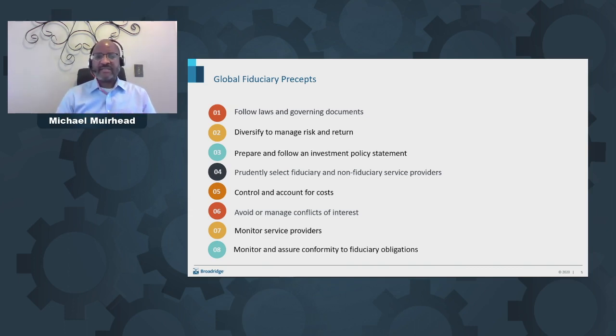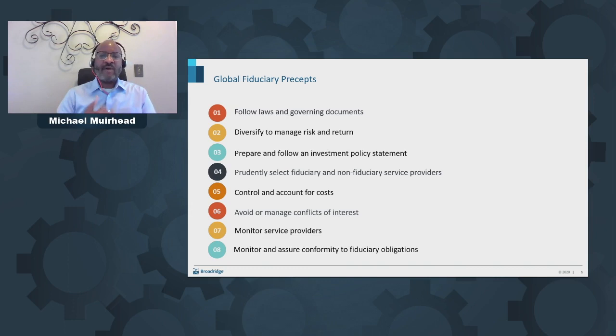Broadridge Fi360 has coined the term global fiduciary precepts to denote three key principles or precepts that we have identified. Again, that goes across the spectrum here, and we've outlined them on this particular page.